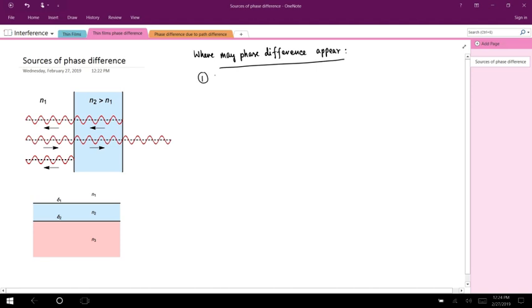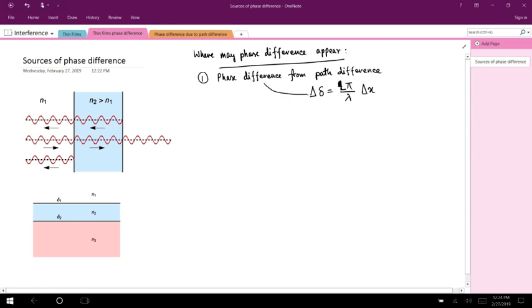Number one would be phase difference from path difference, right? Whenever there's a path difference, that can translate into a phase difference, and the formula for that is delta delta is equal to, I'll write the actual formula, 2 pi over lambda times delta x, right?